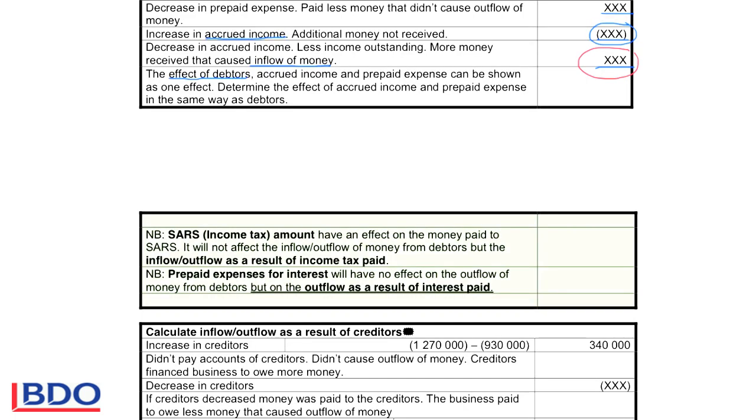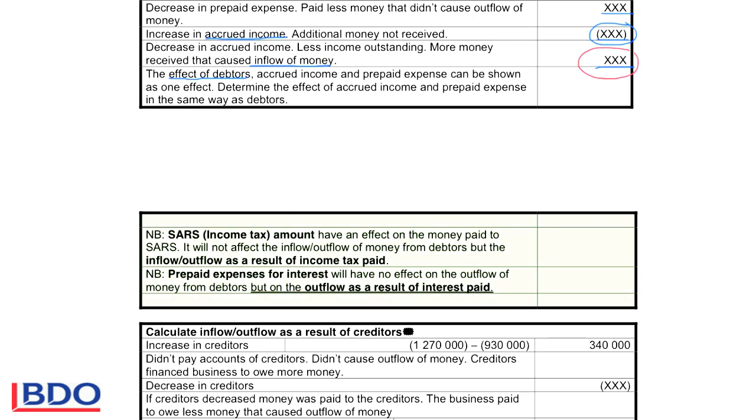It is very important to look at the SARS income tax amount and realize that it will not have an effect on the debtors, because SARS income tax is shown separately on the face of the cash flow statement to show what was the outflow of money as a result of income tax.